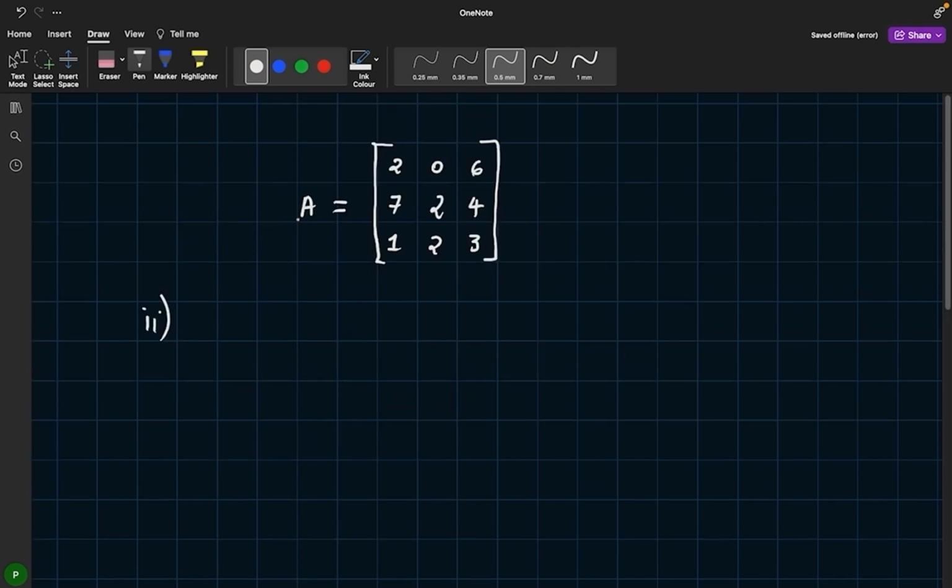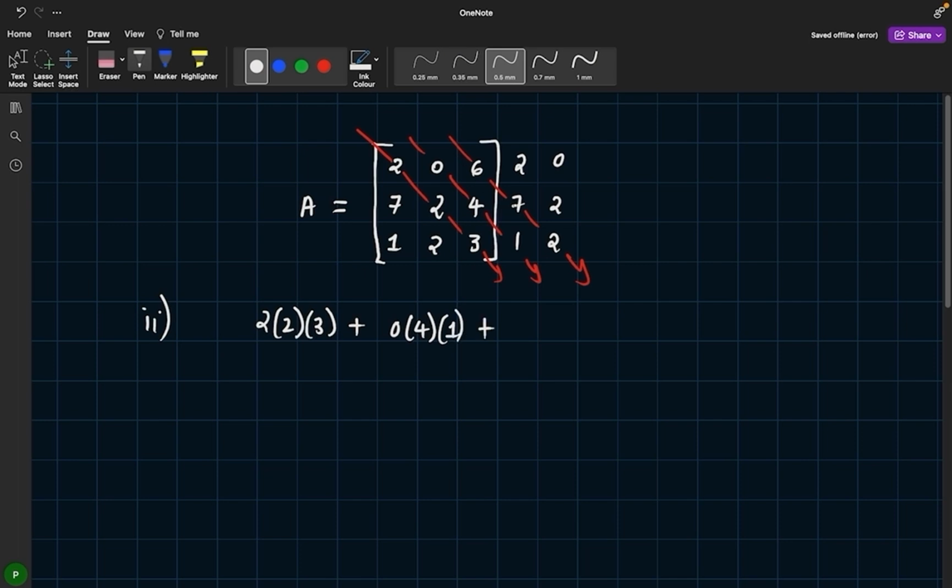Let's start. As you know, add the first two columns right next to the original matrix. Now, multiply diagonally first. This way, and add these. So 2 times 2 times 3, plus 0 times 4 times 1, plus 6 times 7 times 2.